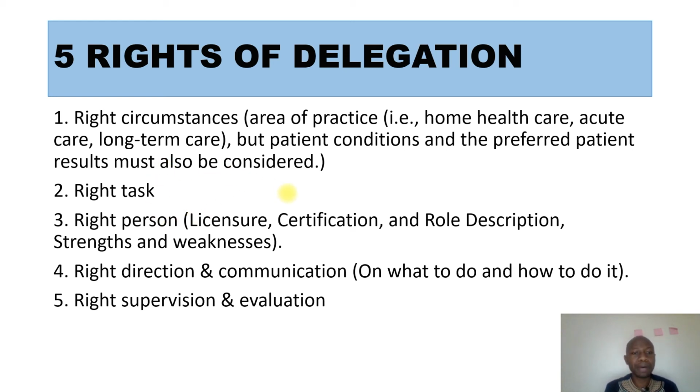And then the right person, check that this is the person who is skilled enough to do what you want to delegate. The right direction and communication on what to do and how to do it, and then the right supervision and evaluation. As an RN, you have to supervise the delegatee, and also evaluate whether the delegation was successful.